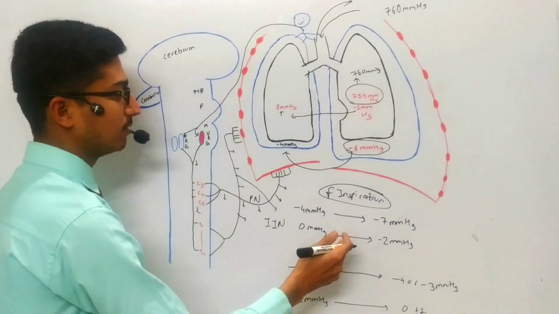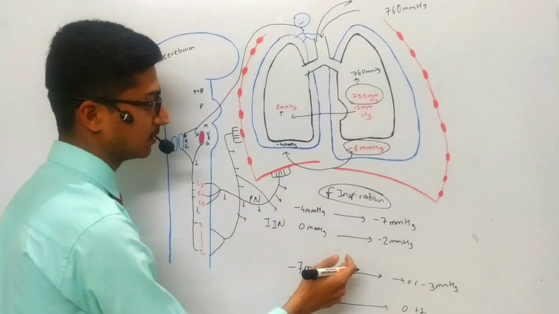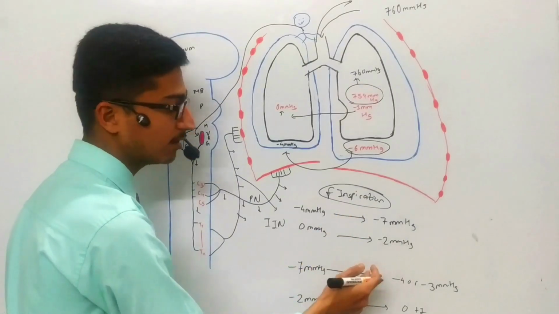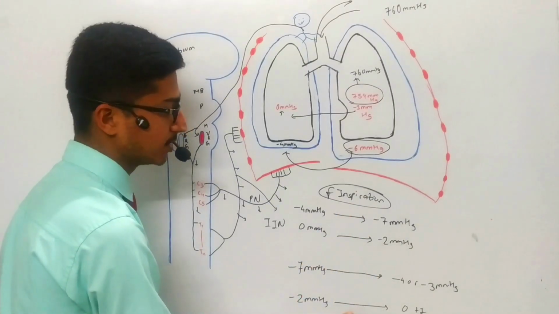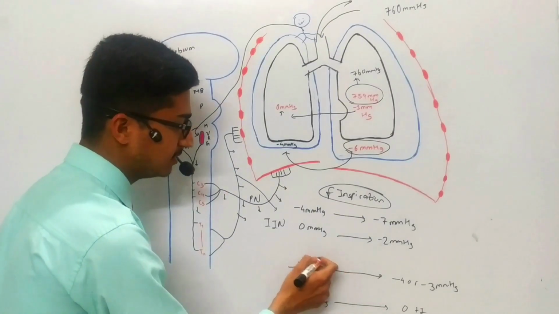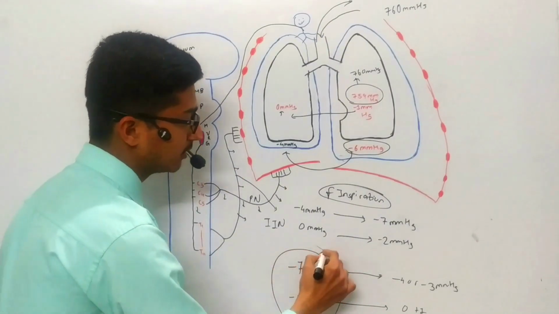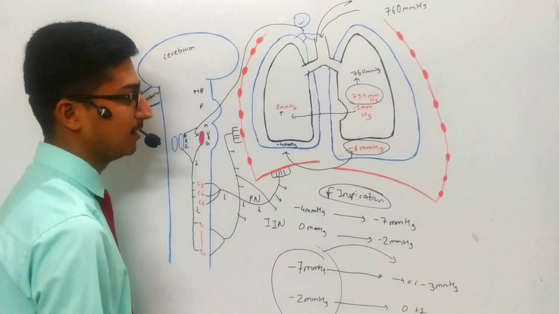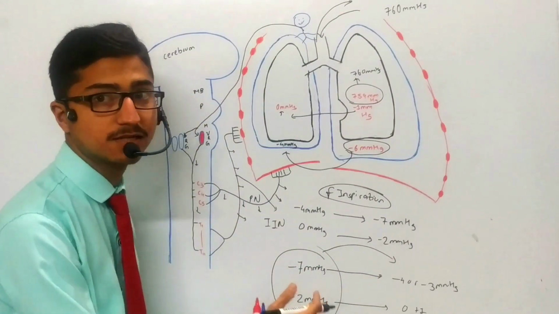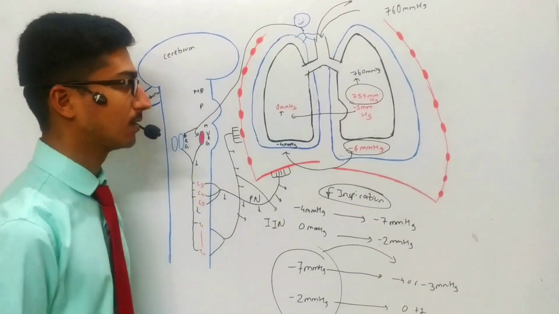And you can apply here the law of diffusion. The air moves from the higher concentration to the lower concentration. Similarly, the air inside the lungs is higher, so it will move outside. And in this manner, forced expiration takes place.